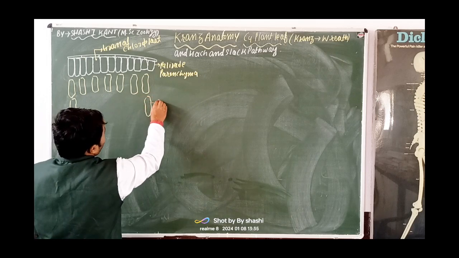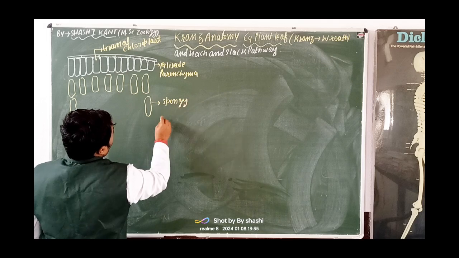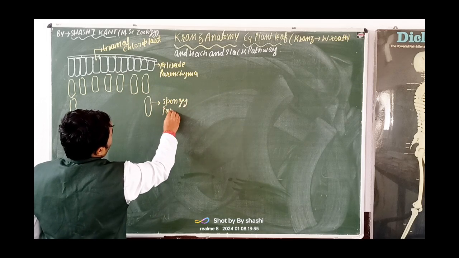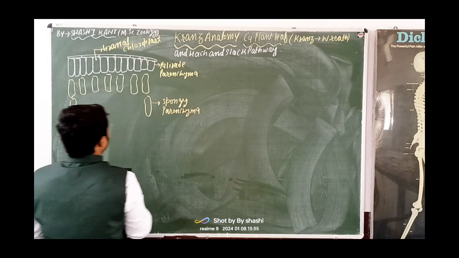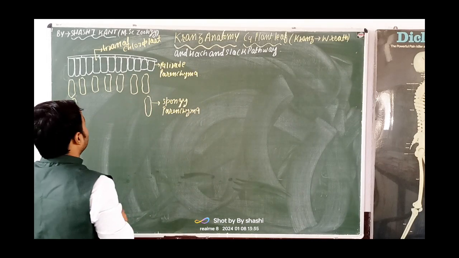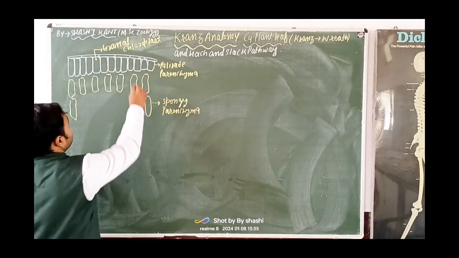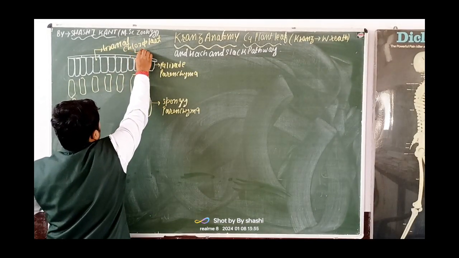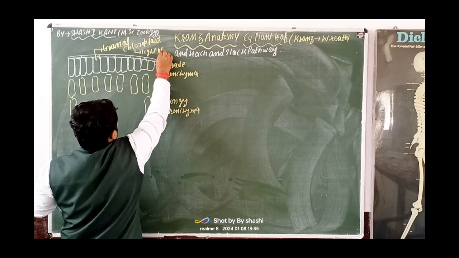These are basically spongy parenchyma. One thing which I have to clarify here is that granal chloroplast is the site of the light reaction.